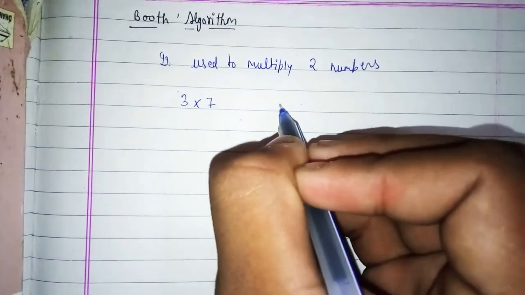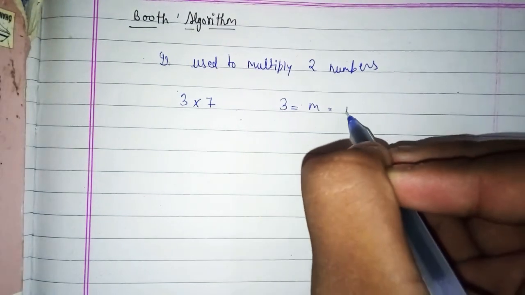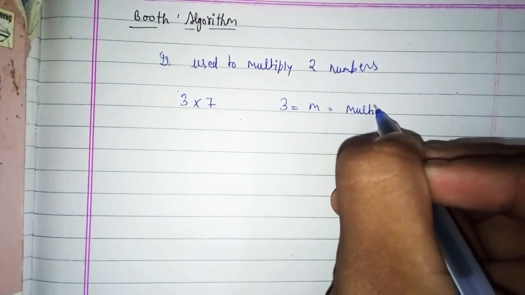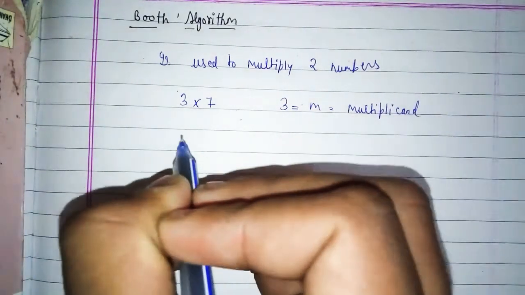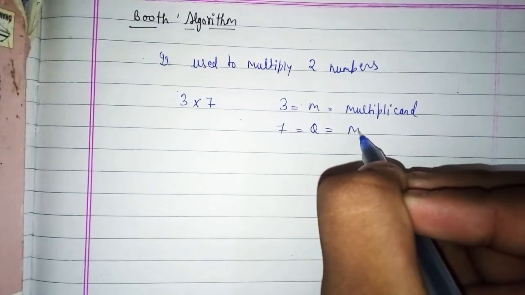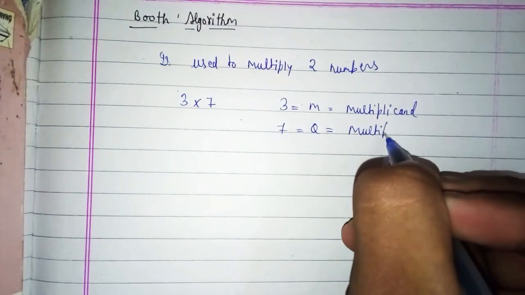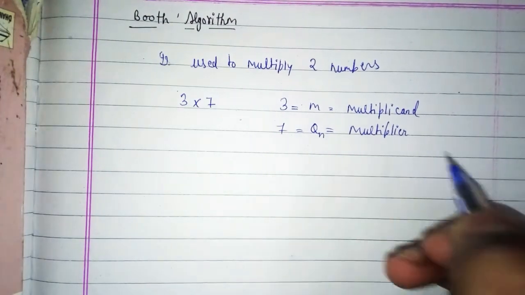So for this 3 equals to m, that means multiplicand, and 7 equals to q, that will equal the multiplier. We can write it as qn.